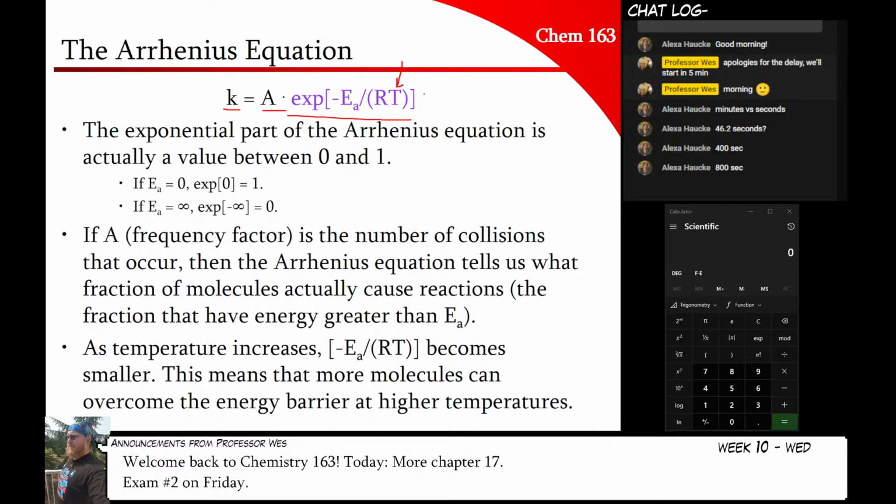If I did a reaction at T equals infinity, that would be some number divided by infinity, which would be 0, and then e to the 0 is 1. So at infinite temperature, the molecules have infinite energy and can overcome any barrier, except for one that is infinitely tall. So all these terms mathematically check out.